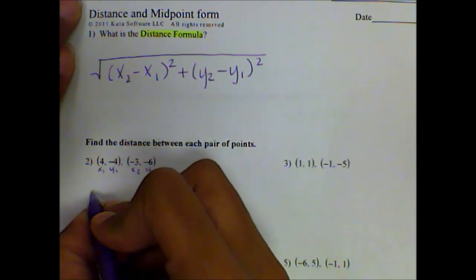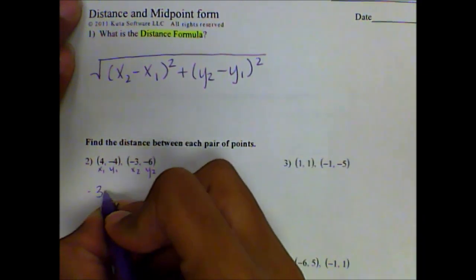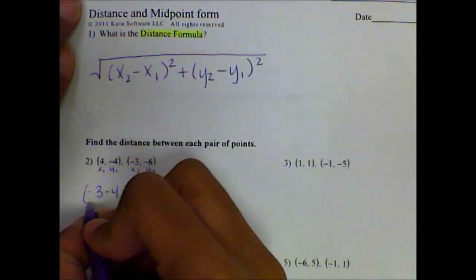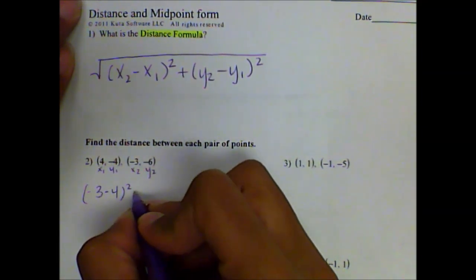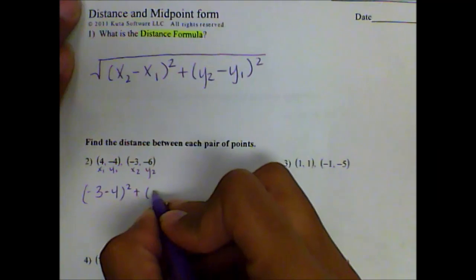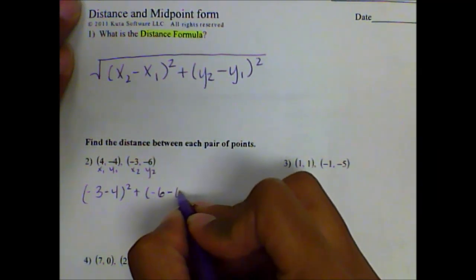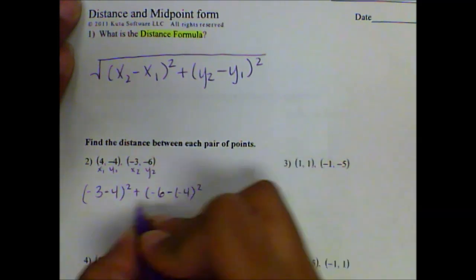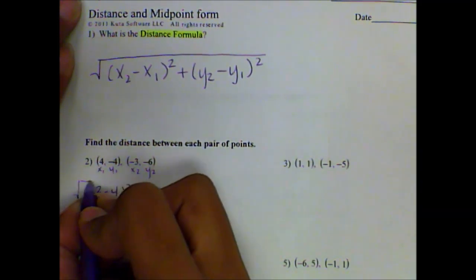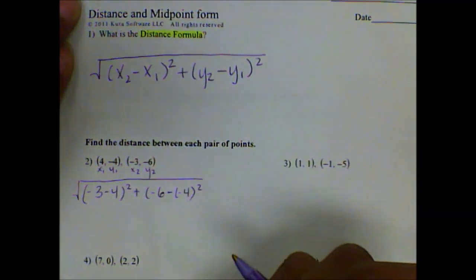Okay, so I have to take negative 3 and subtract 4, squared, plus negative 6 minus negative 4, squared. Okay, and I'm going to find the square root of all of that.